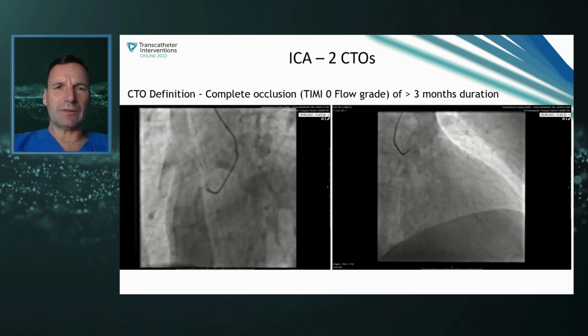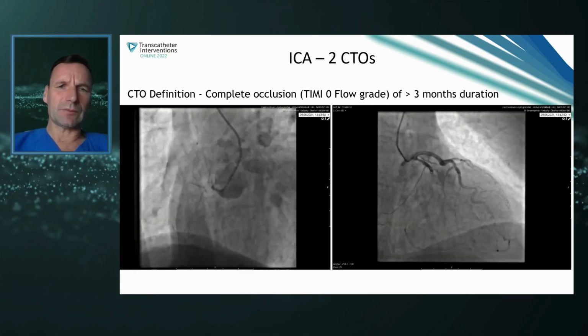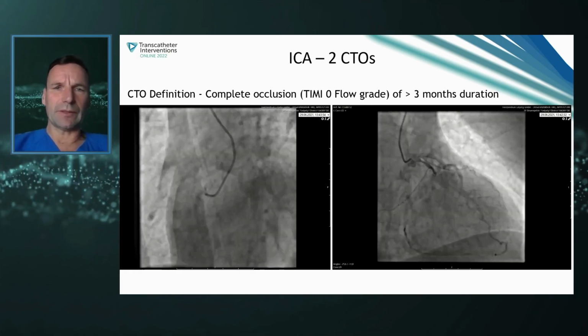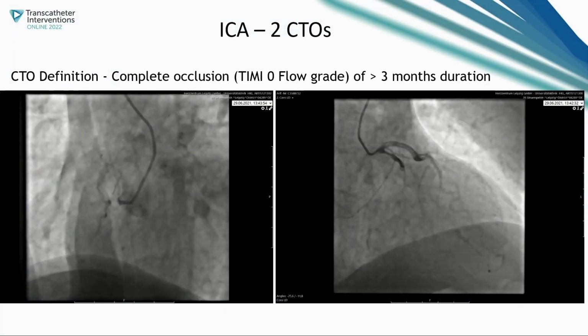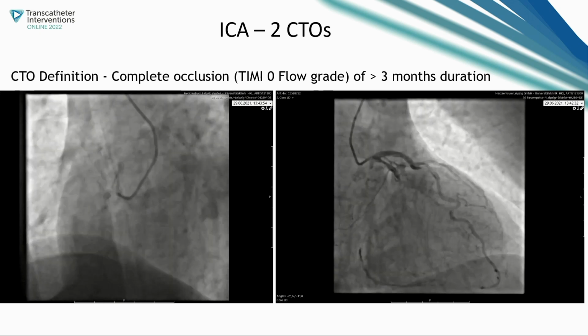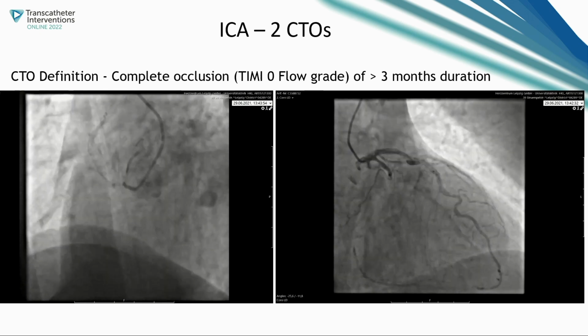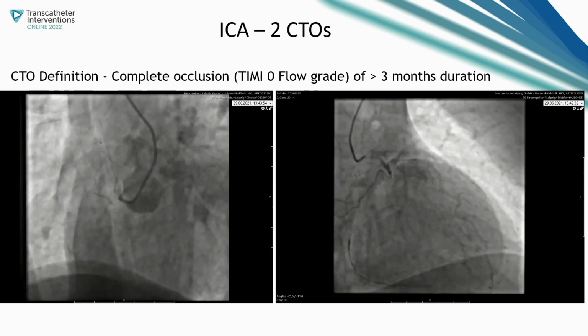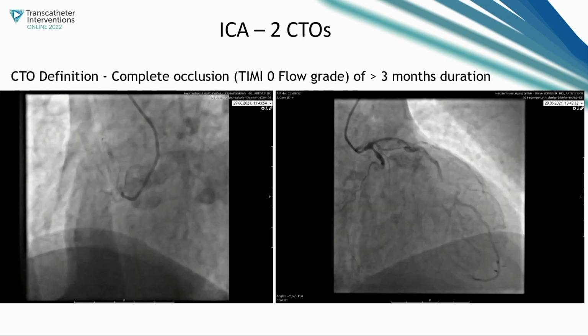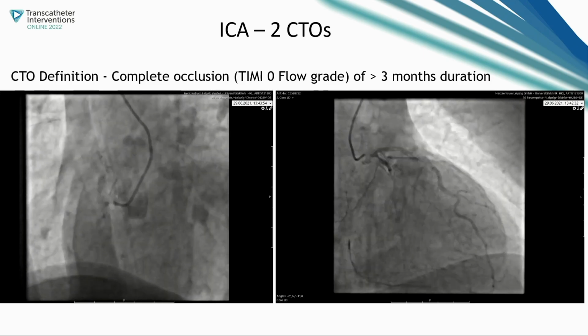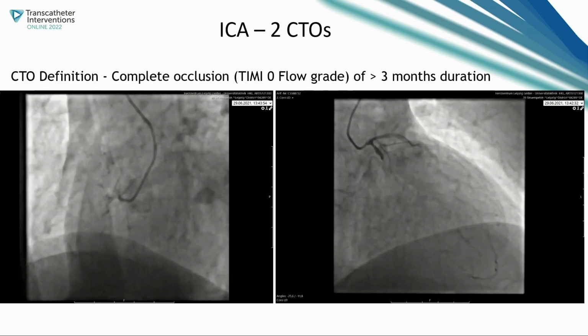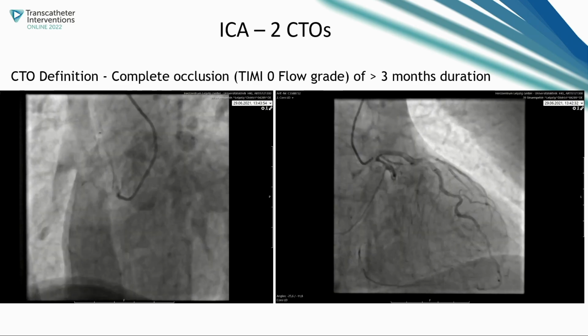This is a patient who was referred to us because he was complaining of angina. And as you can see here, there's a chronic total occlusion of the RCA, and there's also chronic total occlusion of the left circumflex. And probably the RCA is relatively small. And the LAD, maybe there's a plaque in the mid-LAD, but there was no significant stenosis in the LAD.